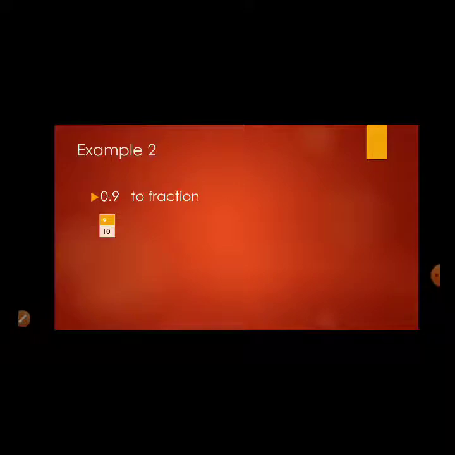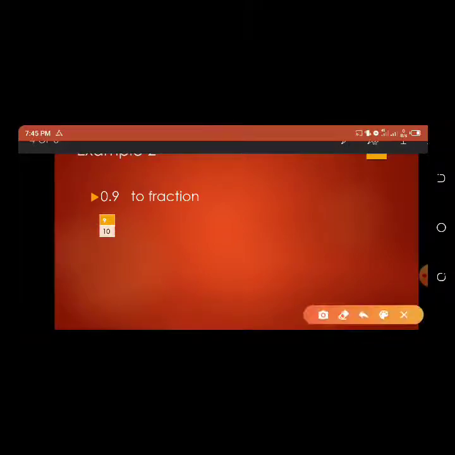The second question says we should convert 0.9 to a fraction. 0.9, we are converting it to a fraction. So what will I do? I will move my decimal point once, and my 0.9 will become 9, a whole number.